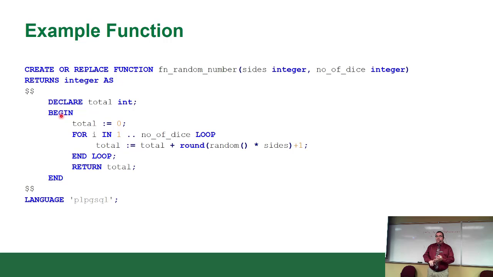In 1, and then the dot dot means from 1 till you reach this. Loop. The dot dot's a weird thing. That's like leftovers from the days of Pascal.